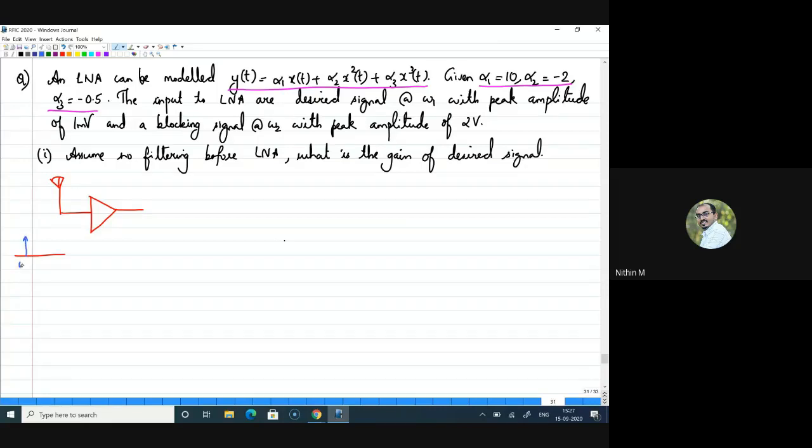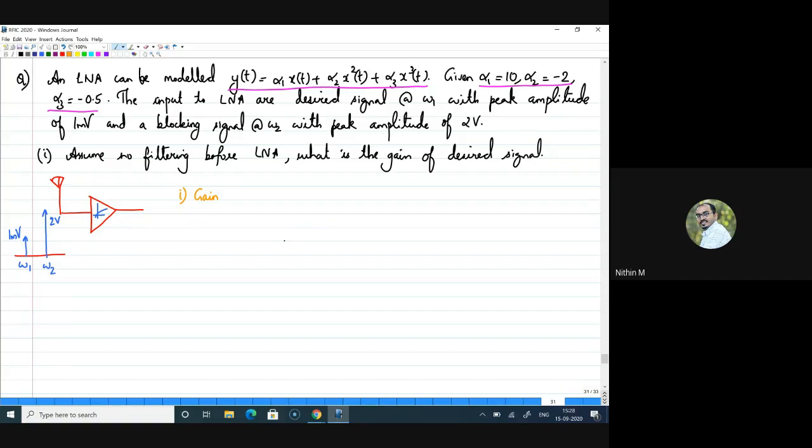One is a signal at omega 1 with a peak amplitude of 1 milli. Another is a signal at omega 2 with a peak amplitude of say 2 volts. Now this system is non-linear, so I can write the gain of the system. How will I write the gain? For this you can refer back to the first analysis we have done, and from there you can pick the coefficients to get the gain value.